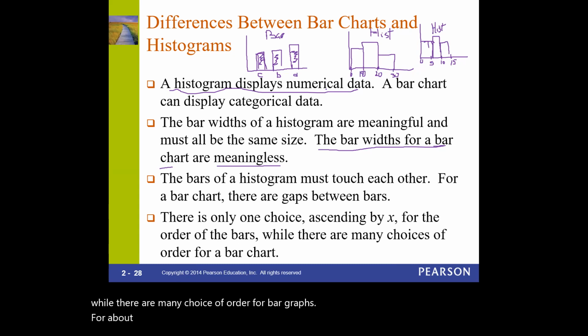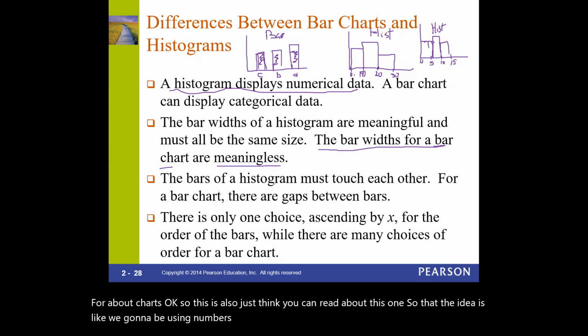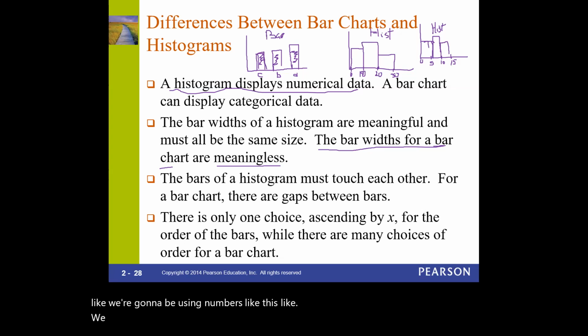Okay, so this is also something you can read about. The idea is we're gonna be using numbers like 1, 2, 3, 4, 5. You have an order for the X values, for the original values, while for the bar graph, it doesn't really matter.